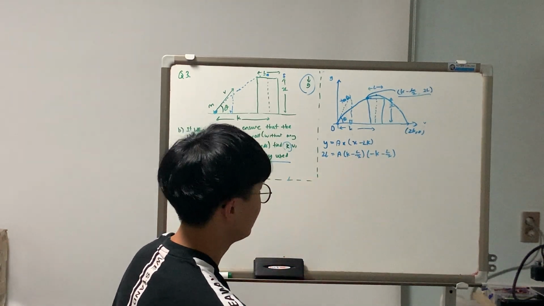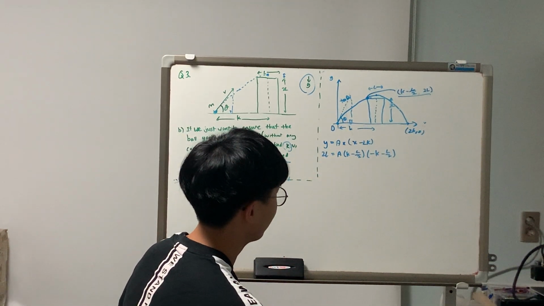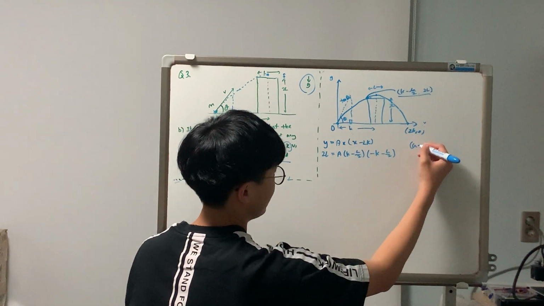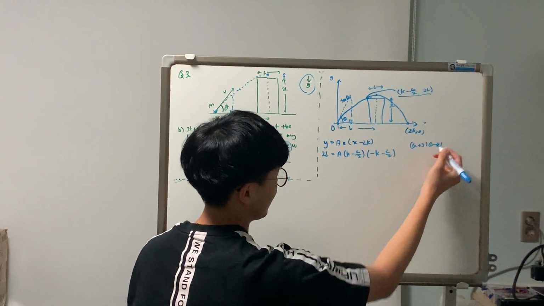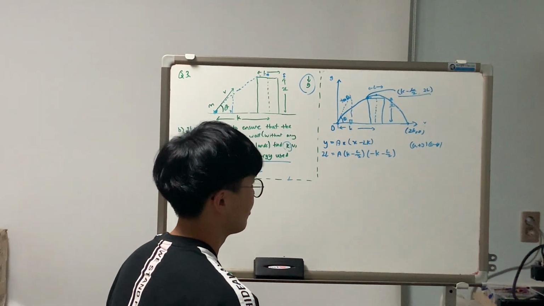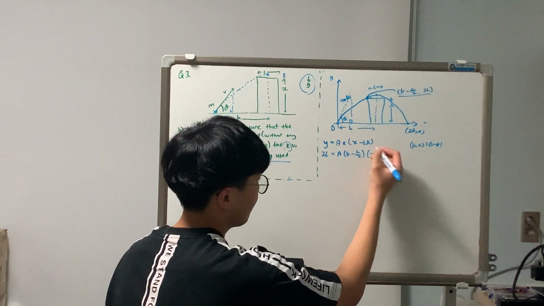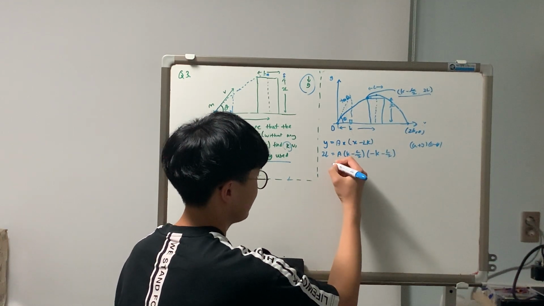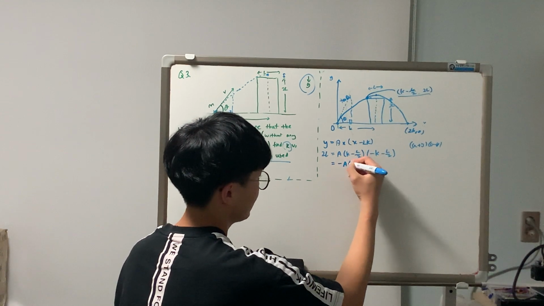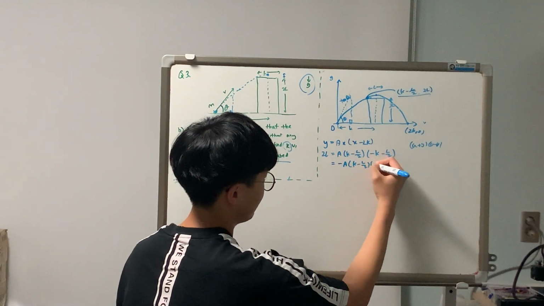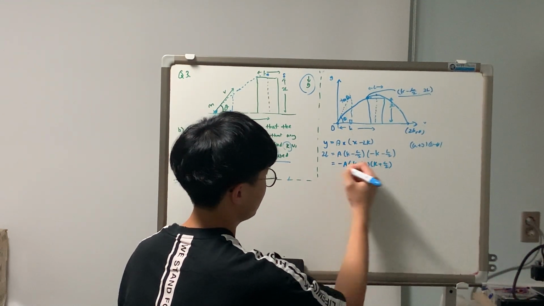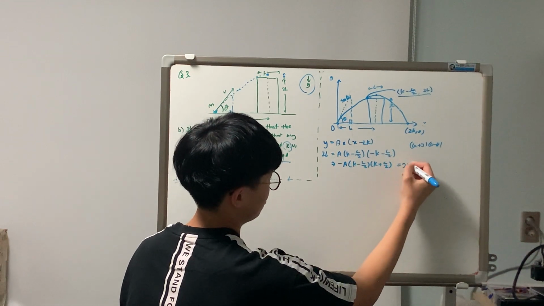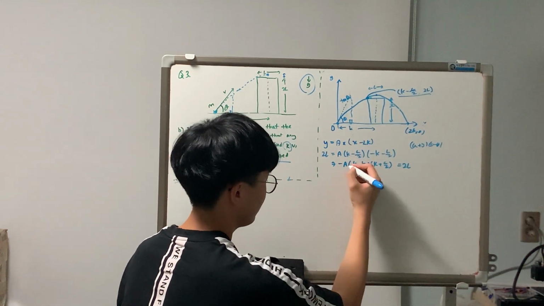This would be of the form a plus b, a minus b, which can be expanded easily. But before we do that, we're going to take the minus out to make it simpler. So we get minus a times k minus L over 2 times k plus L over 2 equals 2L.